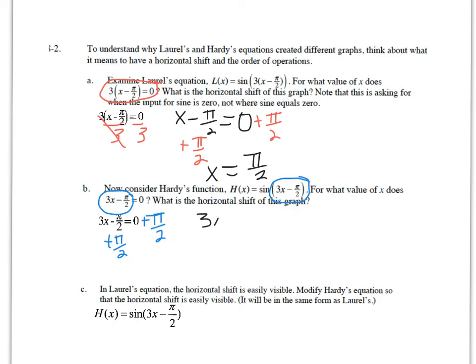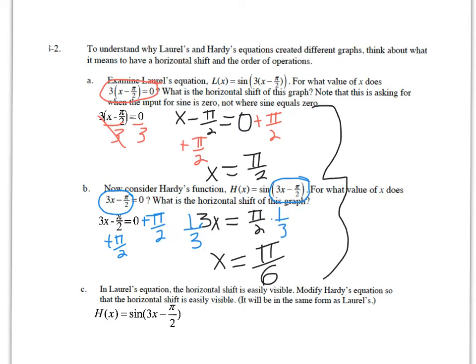We now have 3x equaling pi over 2, and now multiply by 1/3, and x equals pi over 6. So what this is telling us is if you want to find the horizontal shift, take what's inside the function, set that equal to 0, and solve for x.